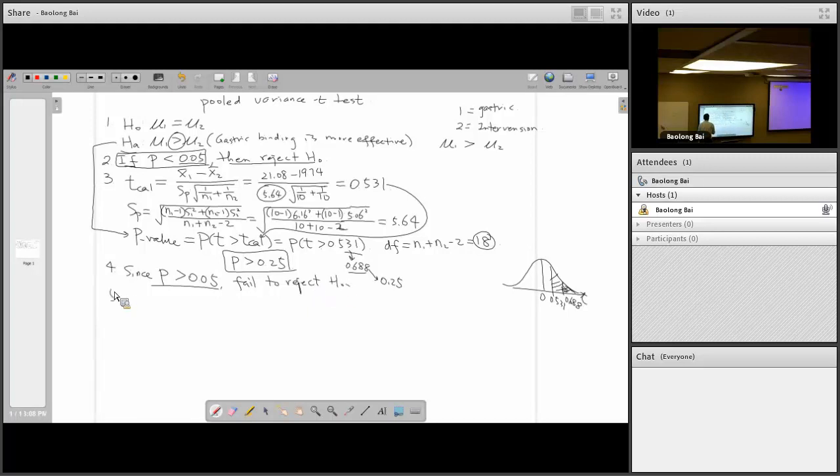And the last step, conclusion, right? Since we failed to reject the null, we don't have enough evidence. And after that, we write your alternative hypothesis in here, that Gaussian binding is more effective.